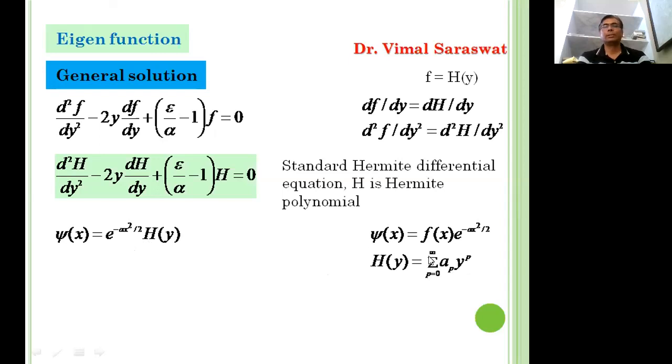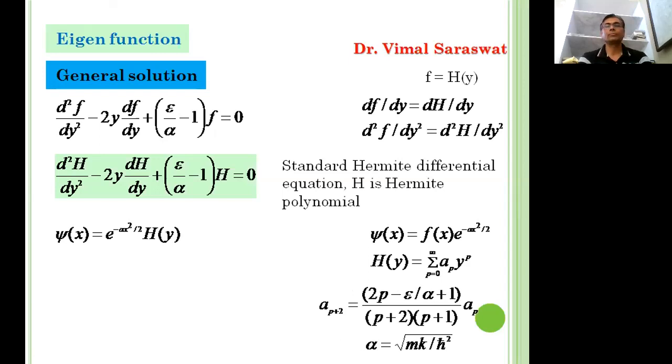If we substitute the differential of h and second differential of h from here to here, then the equation which we obtain will be satisfied only when the coefficient of each power of y is 0. And hence the coefficient will give a p plus 2. Here alpha is equal to root of mk by h cross square.